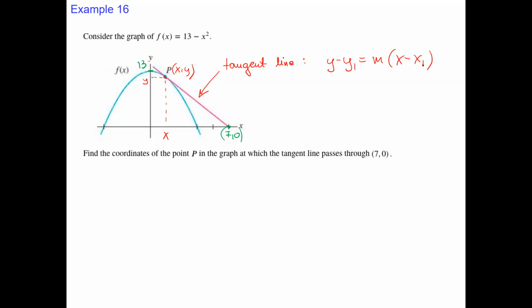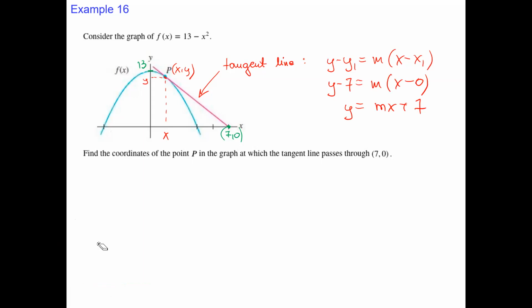And we actually know that that line goes through the point (7, 0). Okay, excellent. That's okay, because that's the tangent line.